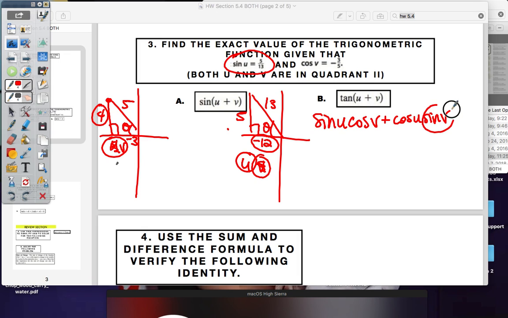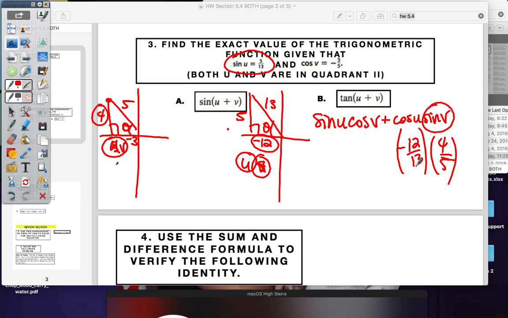So sine of v, we literally put 4/5 in for sine of v, right? What's cosine of u? This one's the u side, right? It'd be the adjacent over the hypotenuse, right? So negative 12 over 13, right? Yep. Cool.